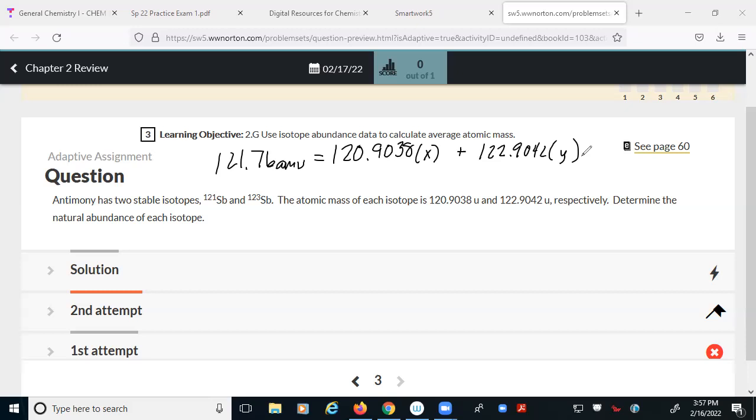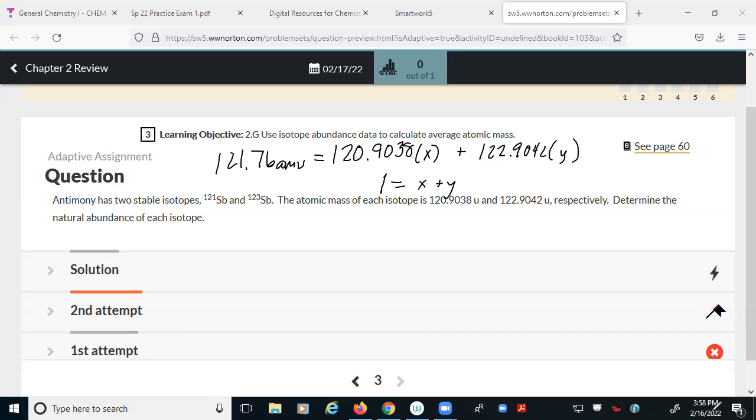Well, that's where your mind has to kick in. If these are the only 2 isotopes, then there is a second equation we can draw: 100%, or 1, is equal to the abundance x plus the abundance y. Now we have a classic algebra 2 problem: 2 equations and 2 unknowns.